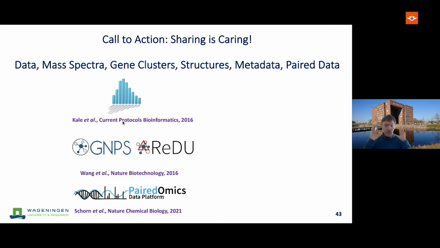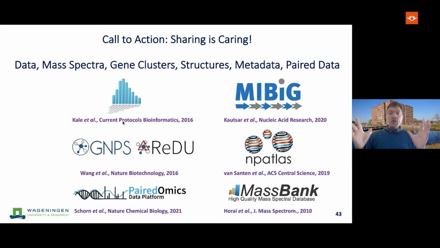So here is also a call to action. Sharing is caring. So we have data, mass spectra, gene clusters, structures, metadata, paired data that we already all discussed or heard about. And this is not a complete list, but this is just an example of a number of repositories and databases that basically are dependent on us as a community to contribute, right? If we as a community contribute, then our complete knowledge grows, and tools will also improve.